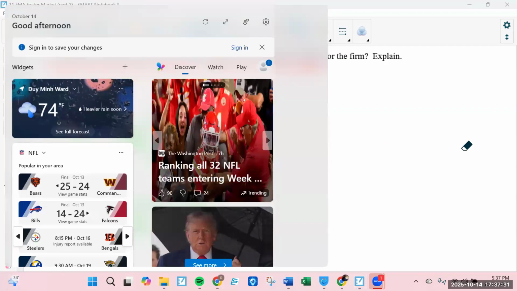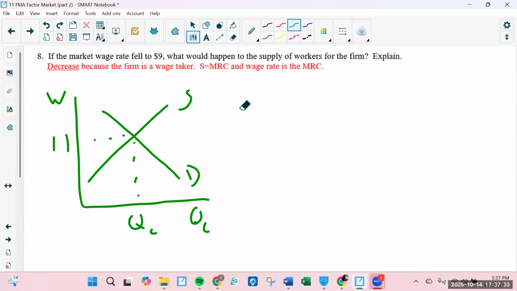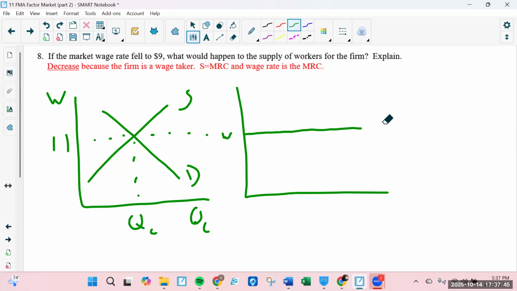Let me slow down here. This wage rate was 11. So the MFC equals 11, which is equal to the wage rate.